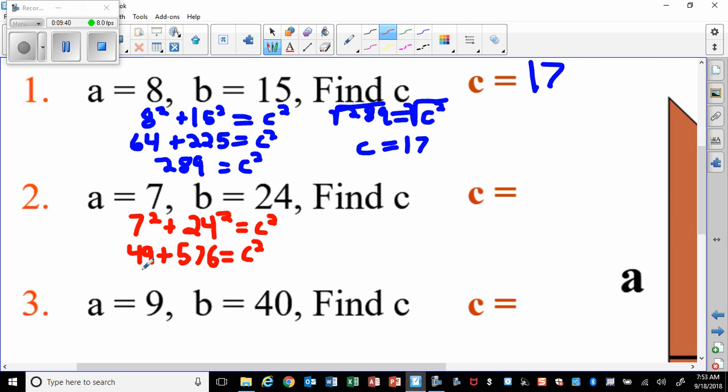We add those two together, and we get 625. We're going to take the square root of both sides and end up with C equals 25.